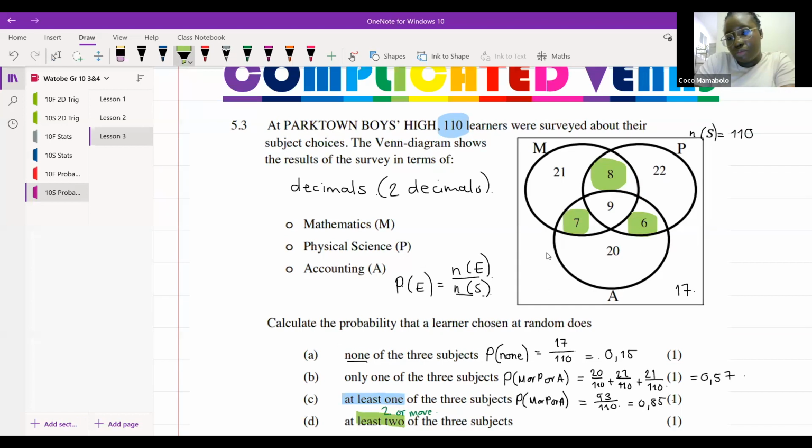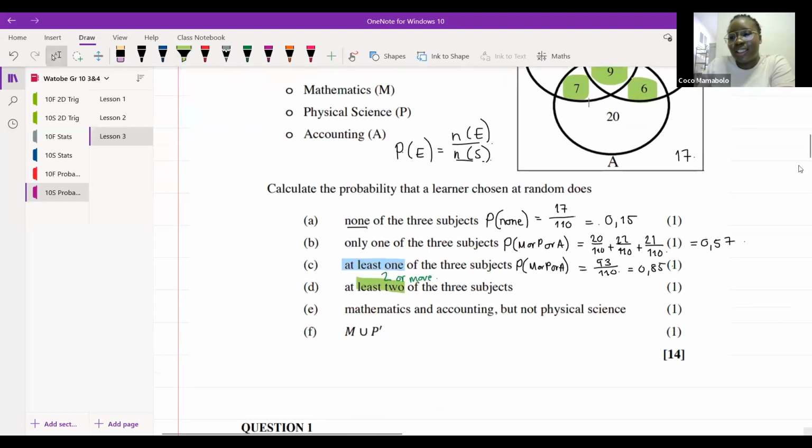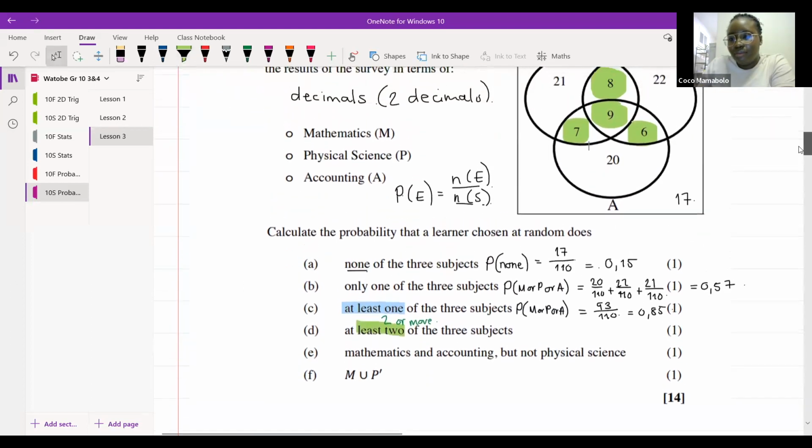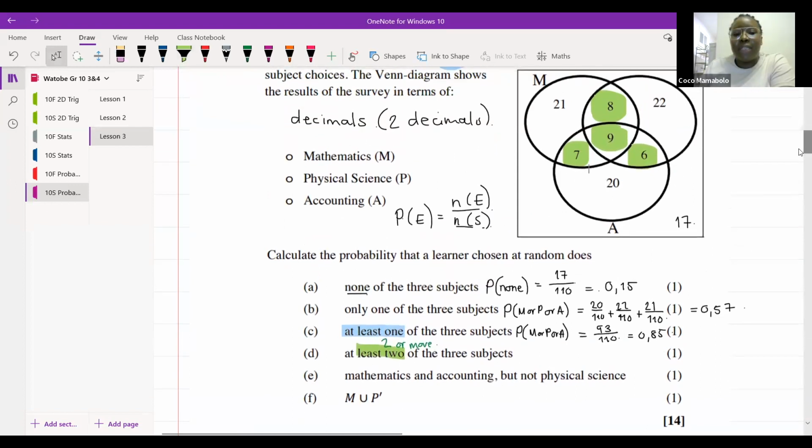All of them together. Correct. So that's what they mean when they say at least 2 subjects. So all the intersections. Correct. So at least one means union. Correct. It means union. Remember, we spoke about that. At least one means that and something else together with something else.